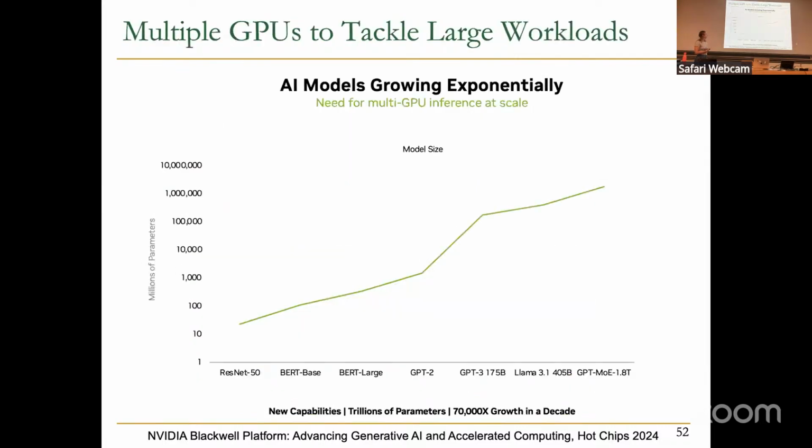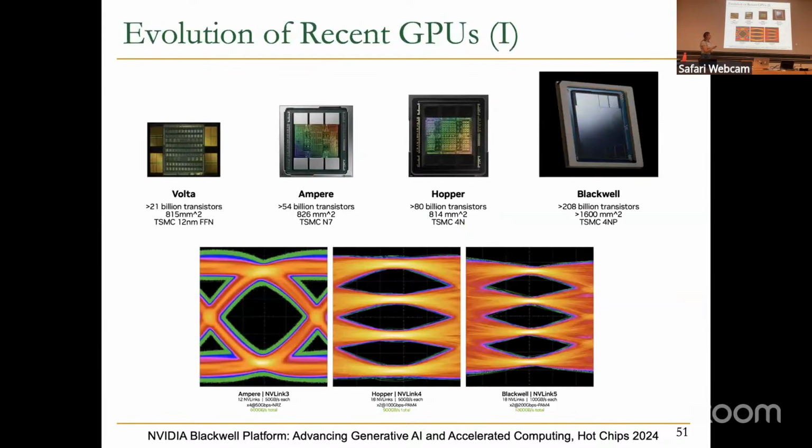You can see that this is driven by real needs, where AI models are growing exponentially as time goes by. This means that the GPUs need to really scale in order to address the higher workloads, and they definitely need these high-bandwidth interconnects and NVLinks to be more efficient.